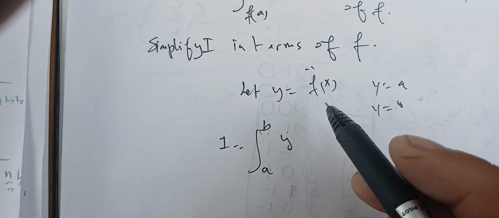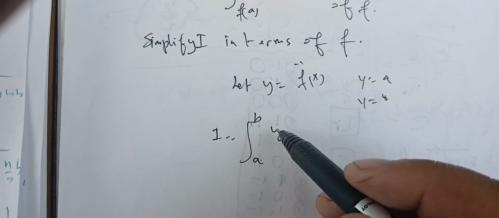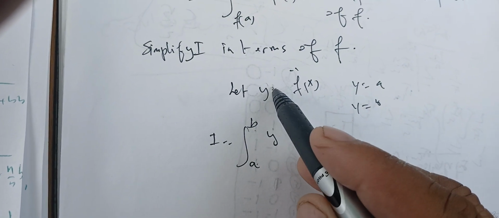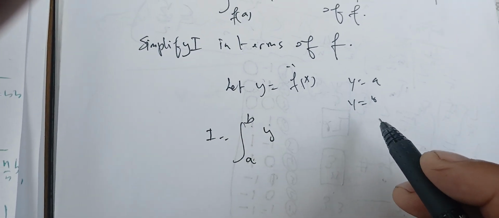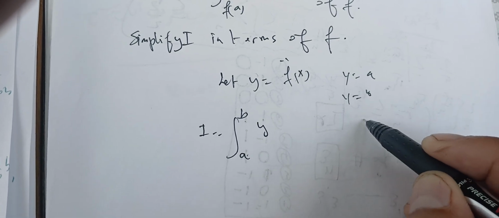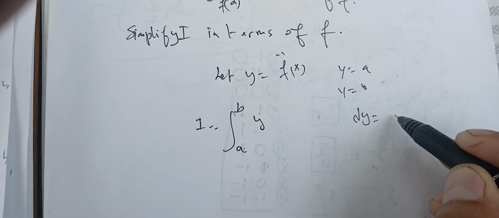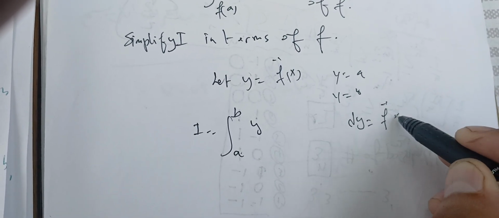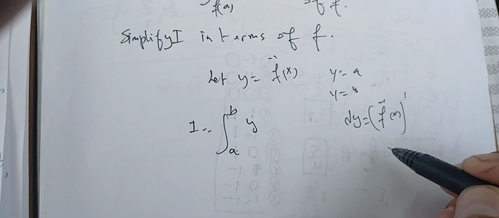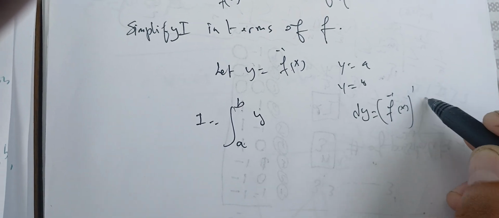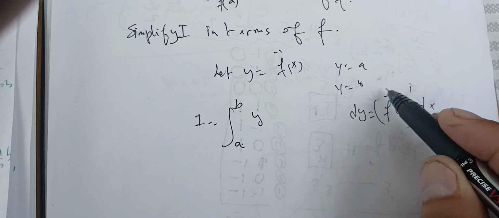To compute dx, we're going to differentiate. dy is going to be the derivative of f inverse of x times dx. But what do we know about this one?